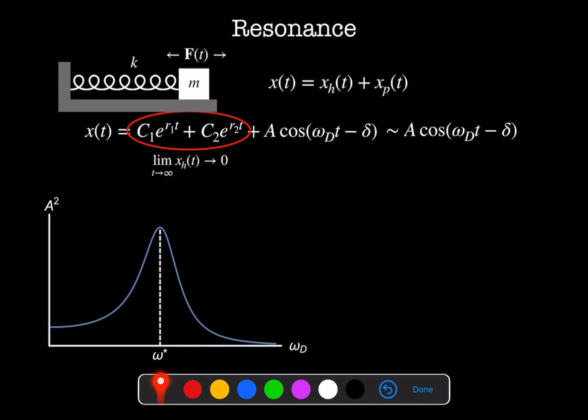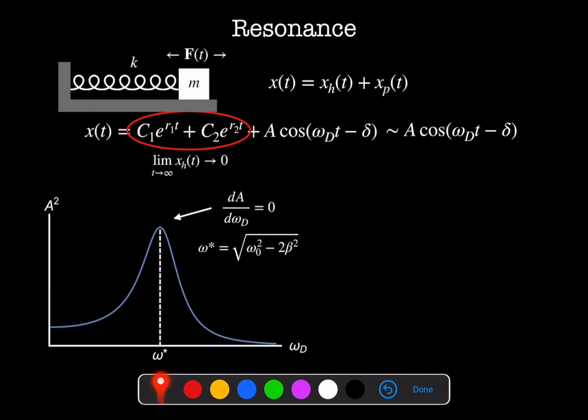So for low frequencies, we get some sort of constant, or a small amplitude. And as we increase, this is going to increase up to some maximum omega star. So this is a very large amplitude response. And then from there, it's going to decay away. So for this omega star, we're looking at the maximum of A. So we're looking for a place where dA/d omega_d is equal to 0.